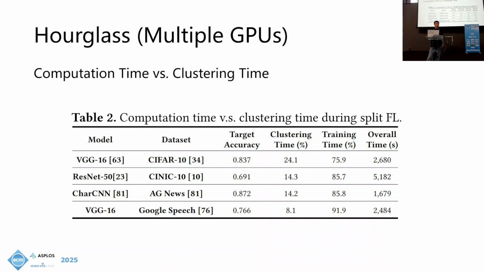In this case, we use k-means to cluster the intermediate features, and we can find the clustering time is from 8% to 24%. It's not very huge, but it exists, and we need to figure it out.